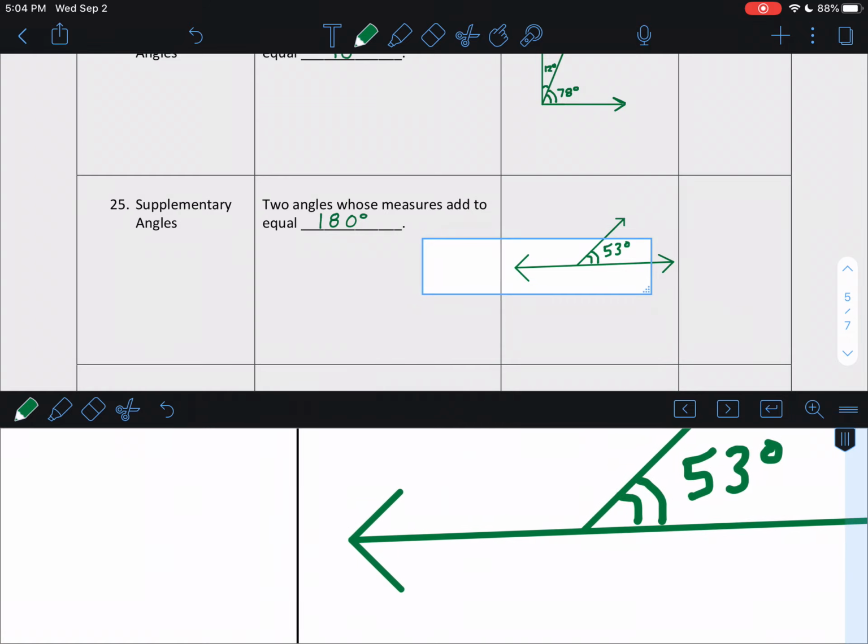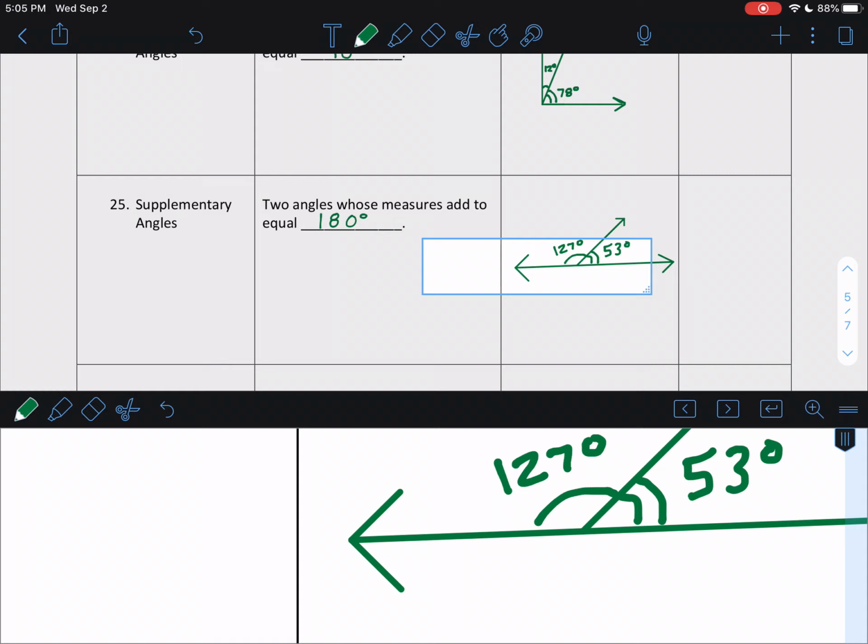Then that means this larger one is going to be 180 minus 53, which is 127. So this is 127 degrees.